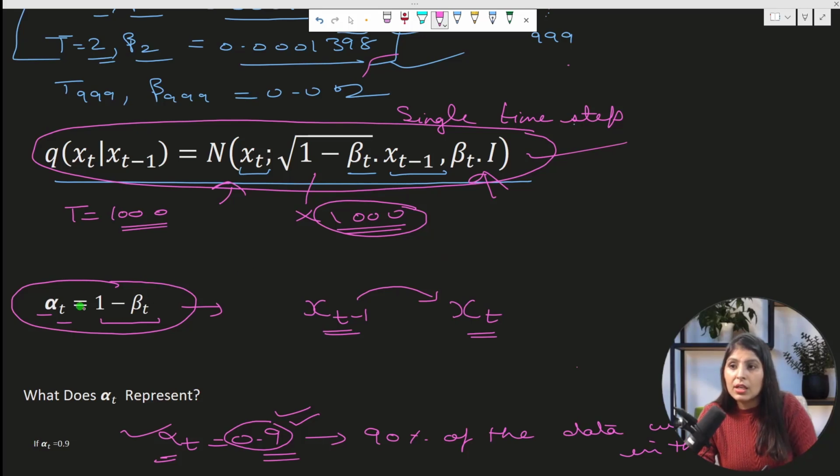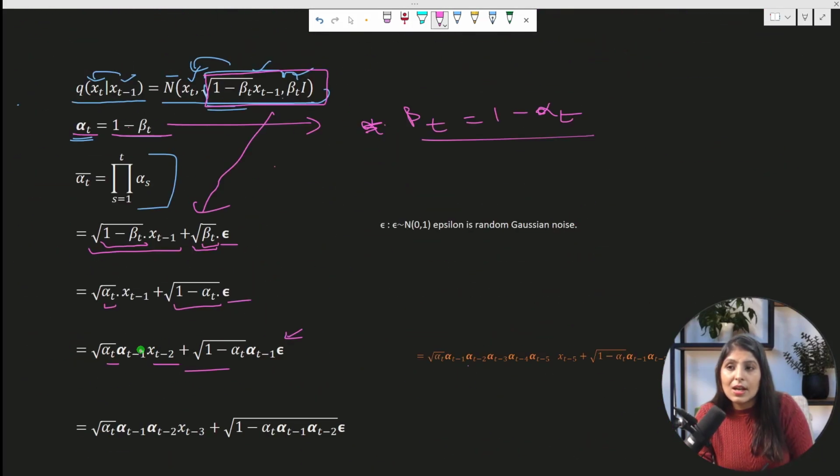And for that we talked about this alpha t, right? That step we are going to perform now, that we are extending this formula from t minus 2 to t, right?